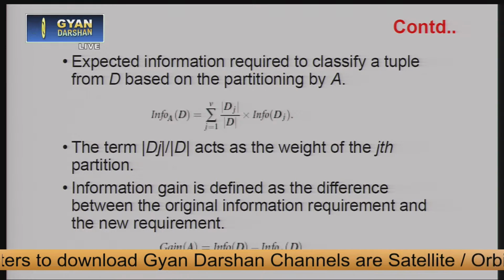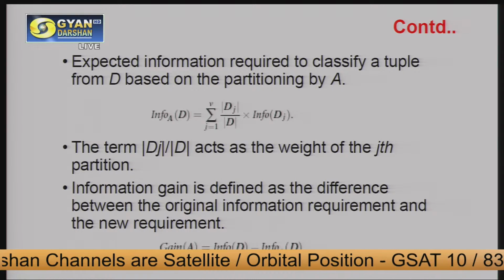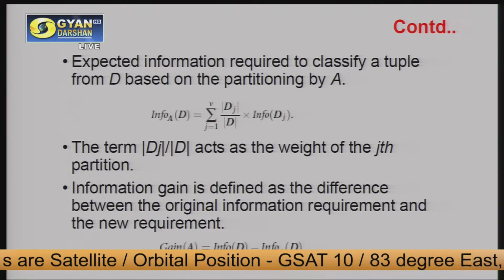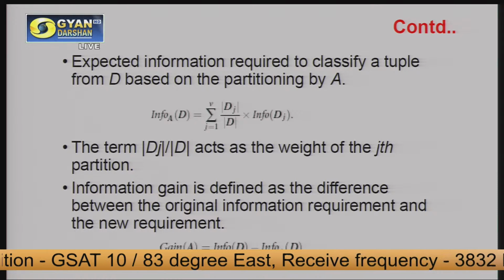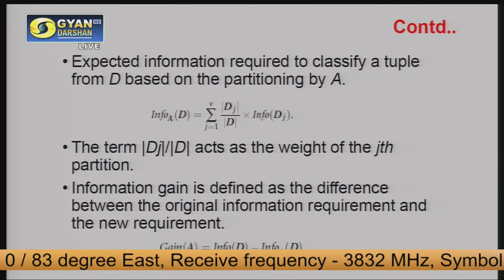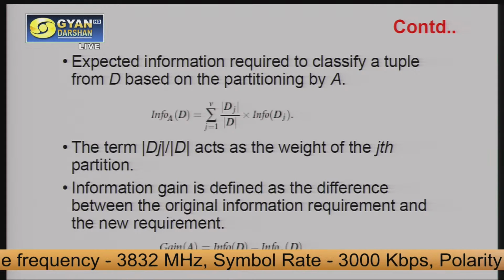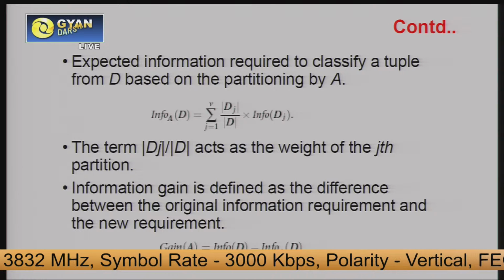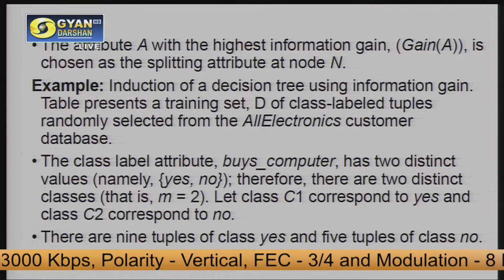And finally, once we have that for a particular attribute, we are going to calculate the gain: Gain(A) is equal to Info(D), which we have already calculated earlier for the complete data set, minus Info_A(D). This we have to calculate for each and every attribute. So let's look into the example here.